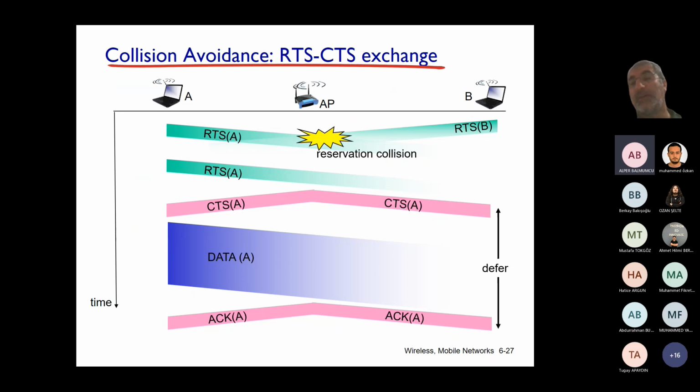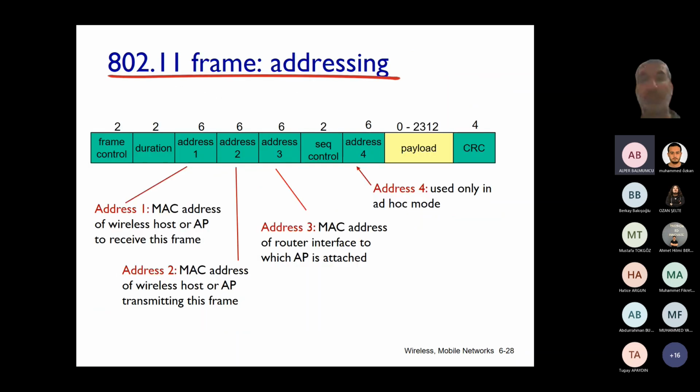The other hosts, such as wireless host B, defer their transmission. And once the access point receives the data of wireless host A, it broadcasts the acknowledgement to the network. Okay, that was about the multiple access protocols for Wi-Fi.